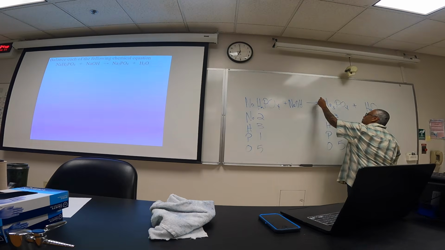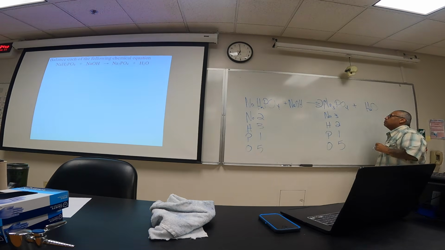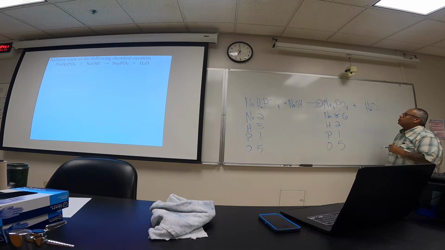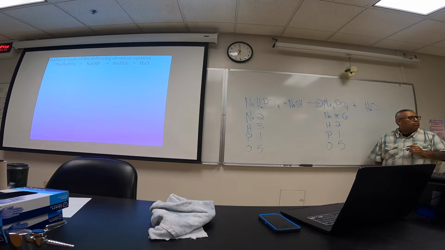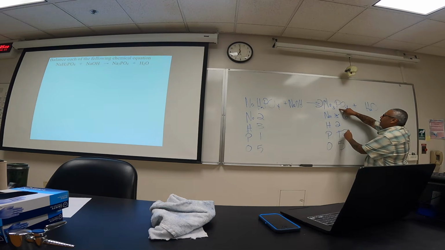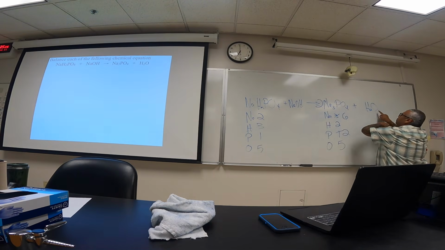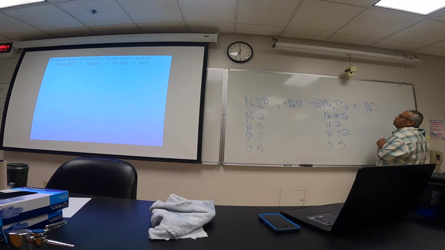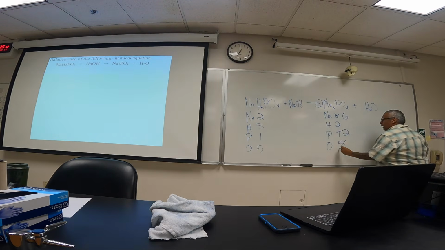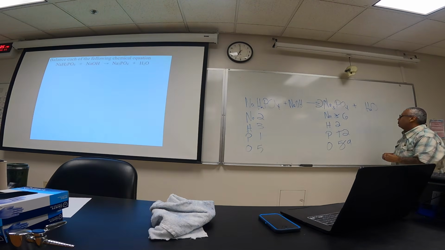Let's start with this side. I'm going to put a 2 over here. And that's going to give you 6 sodiums, but this also affects what? How much phosphorus do I have now? And how much oxygen do I have? 9, right? These 2 times 4 is 8 plus 1, and I now have 9 oxygen.